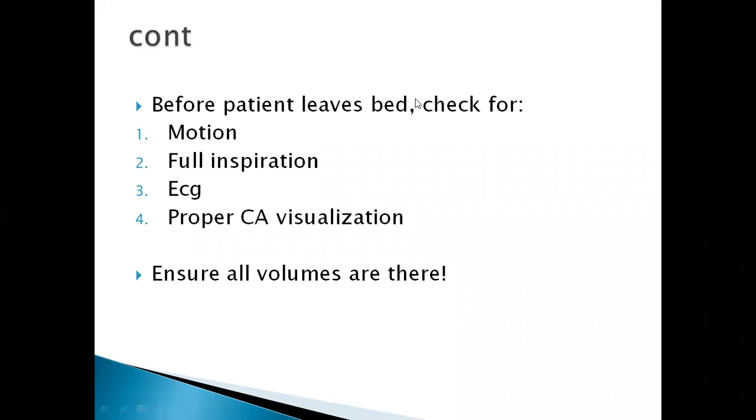Check that the patient did not move. How would you know? If the patient did not move, obviously there will be no blurring between structures. Check for full inspiration, check your ECG graph, check if there's proper calcium, proper coronary artery visualization, and make sure all your volumes are also there.